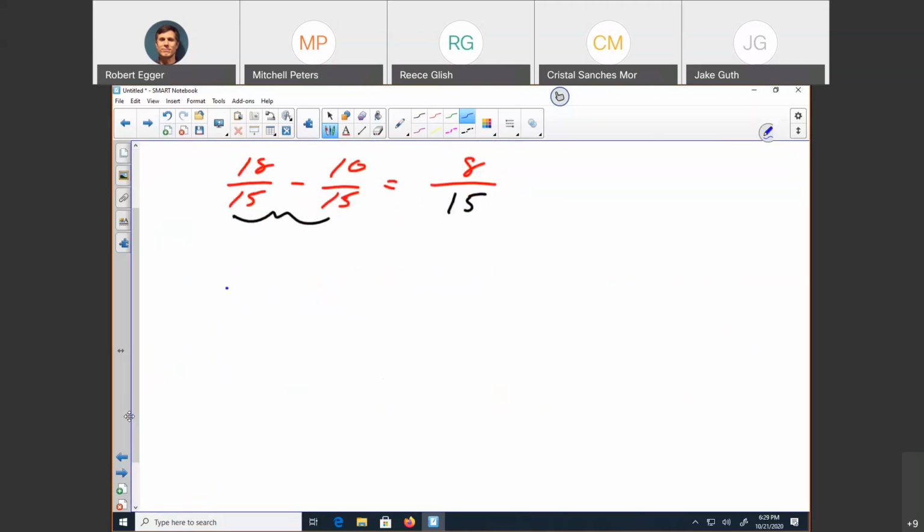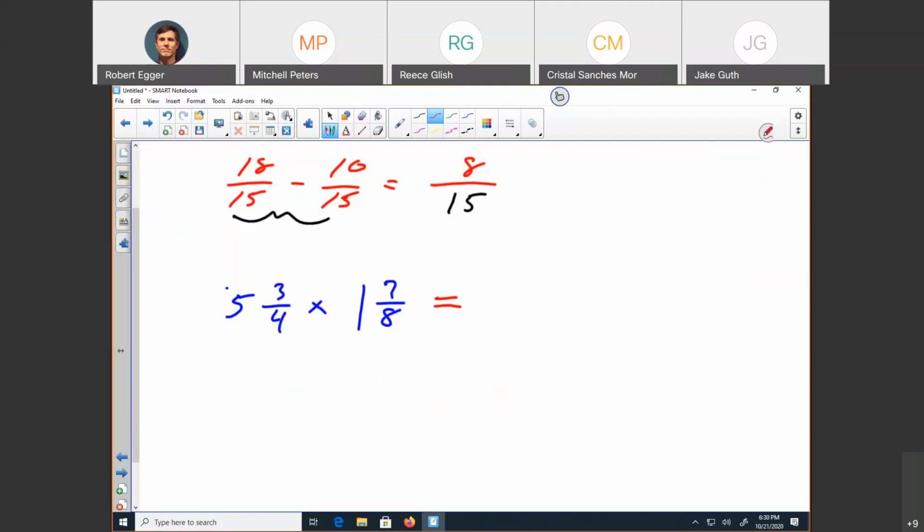Multiplying. 5 3/4 times 1 7/8. Well, the answer, and this is what I've seen people say: 5 times 1 is 5.